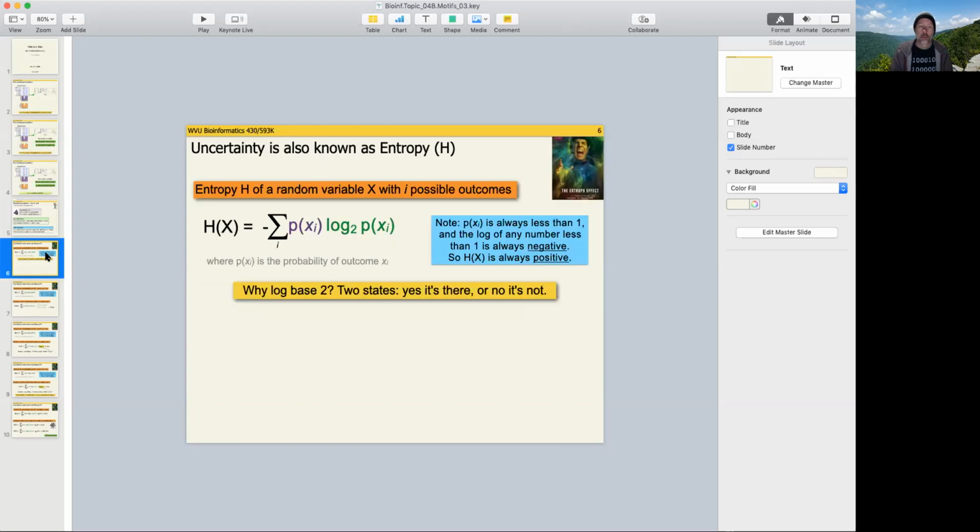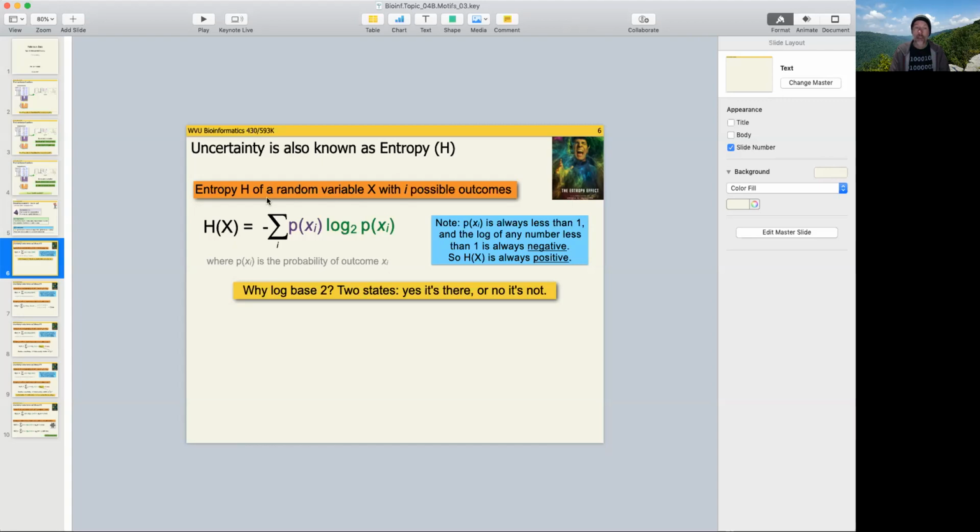Okay, let's convert that into mathematics before we move forward. We often call uncertainty entropy, or H, and so I'll be referring to it as H in these equations. Let's formalize our assumptions. We have a random variable called X. That variable has I possible outcomes. You can think of this random variable X as the roll of a die, and the I possible outcomes are the number of sides on that die.